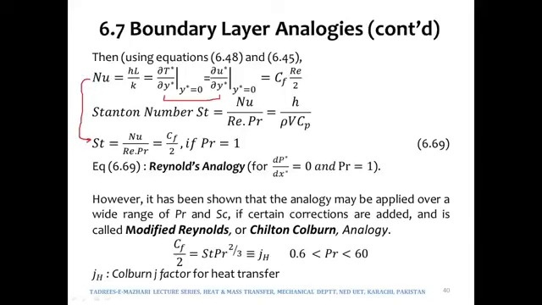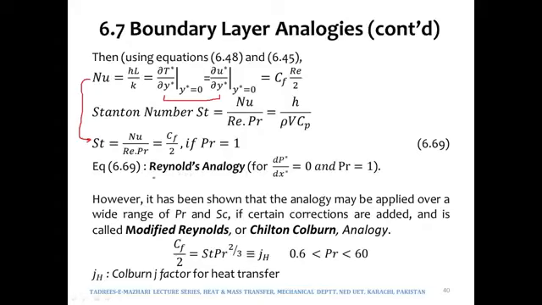See, if we bring this Reynolds number in the denominator of Nusselt number, so it would be Nusselt upon Reynolds, and if Prandtl number is 1, that would be equal to Cf by 2. Right, so this expression, that is Stanton number, the ratio of Nusselt over Reynolds Prandtl, reduces to Cf by 2 if Prandtl number is 1. That expression is called the Reynolds analogy.